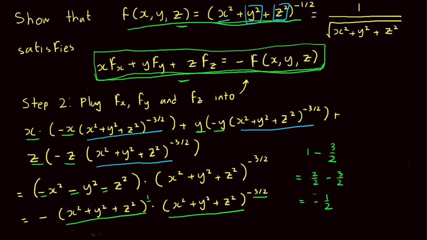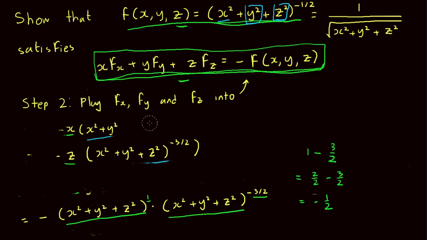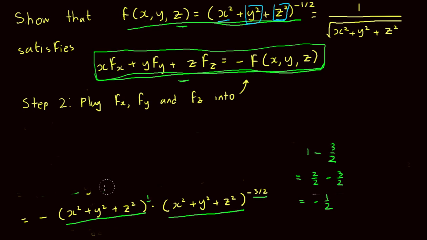I'm going to have to erase this part here where it's getting complicated, because I don't really have space. Space is quite limited. So we're done with our step 2.